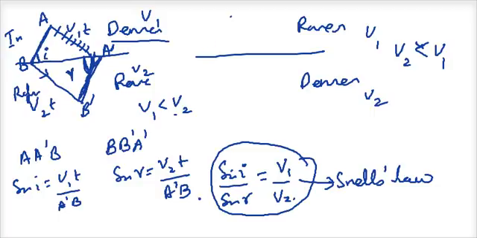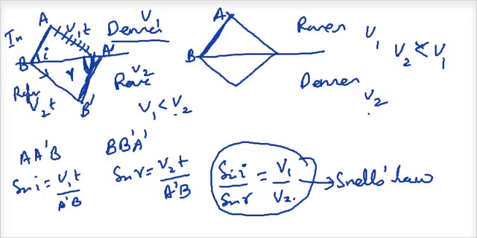Similarly, now let me look, I hope you are able to get it. Suppose I am in this case where there is one medium here, I'll call this AB, and light is moving from a rarer to a denser medium. So a wave here goes and tries to reach here. In the same time the wave here will be able to travel a much shorter distance. Why? Because v2 is less than v1.